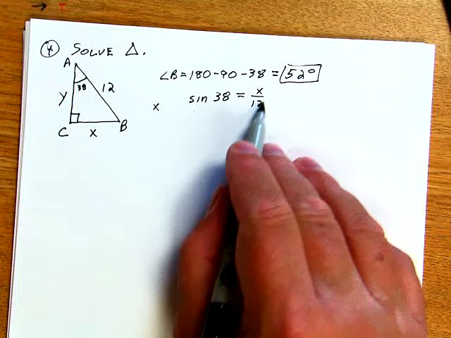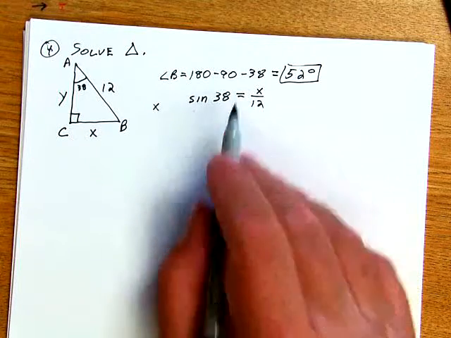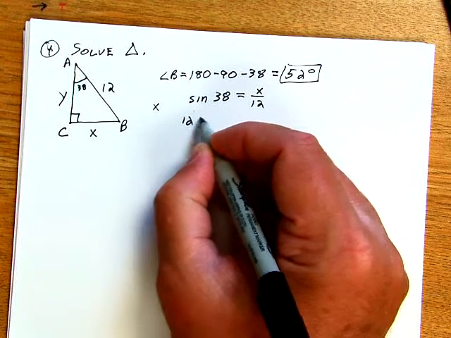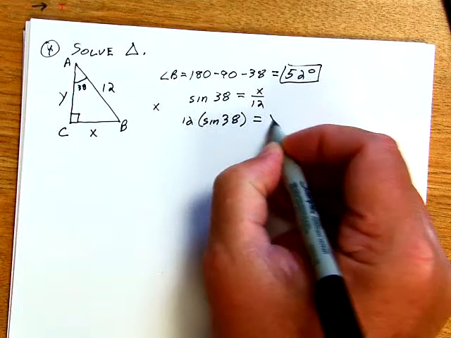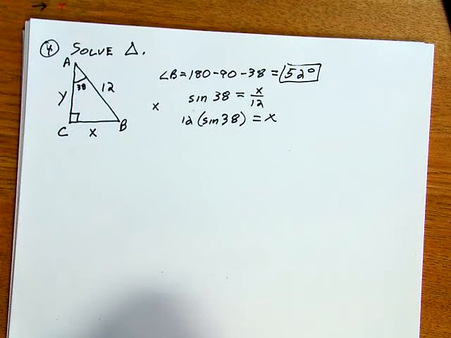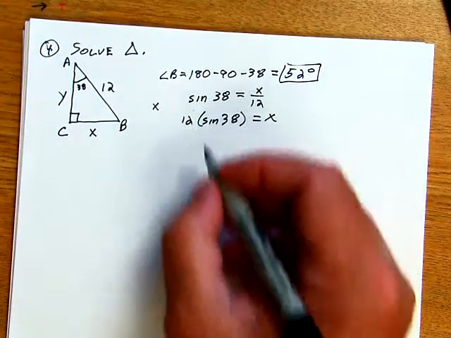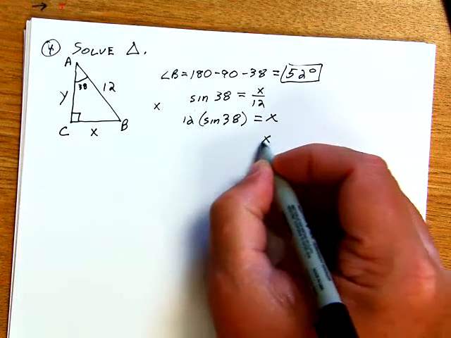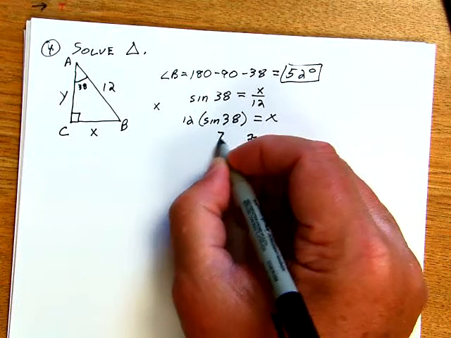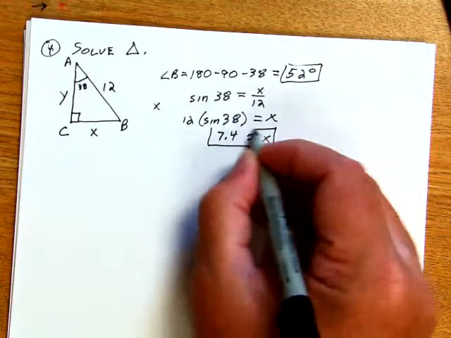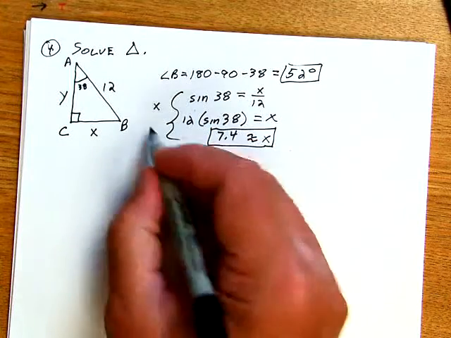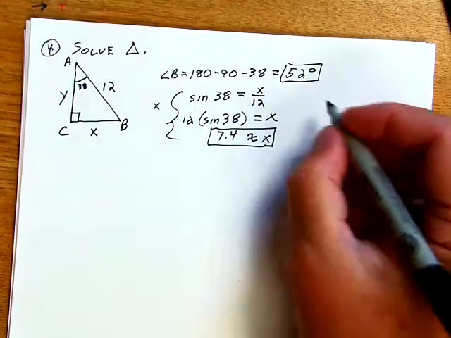I can multiply both sides by 12 to get X by itself. And so I get 12 times the sine of 38 equals X. And when I punch that into my calculator, I get X is approximately 7.4. So we now have solved for X. Let's try Y.